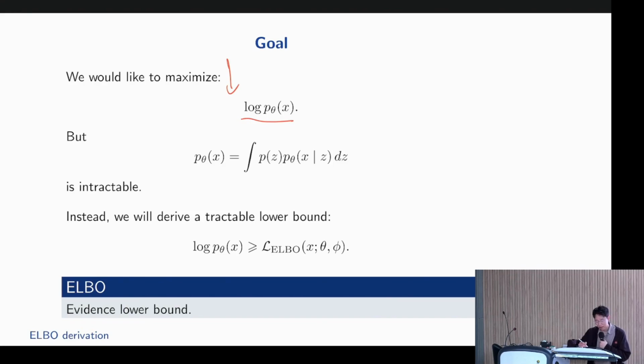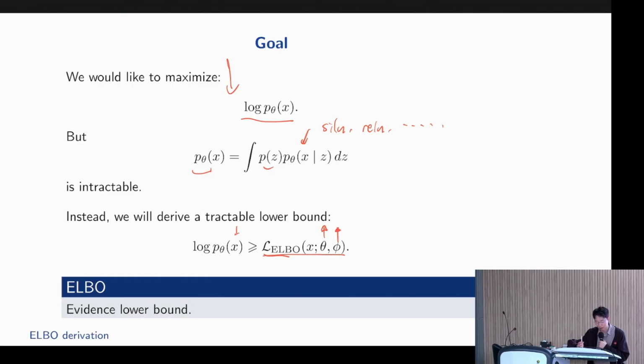P theta of x is our model of the true data generating distribution, and it involves an integral over all possible z's, which is intractable because it has SiLU, ReLU, and so on inside. So instead, we want to derive a tractable lower bound, sample X, compute the lower bound, maximize it with respect to the encoder and decoder parameters, sample another batch of X, reevaluate the ELBO, maximize it with respect to the parameters, and repeat.